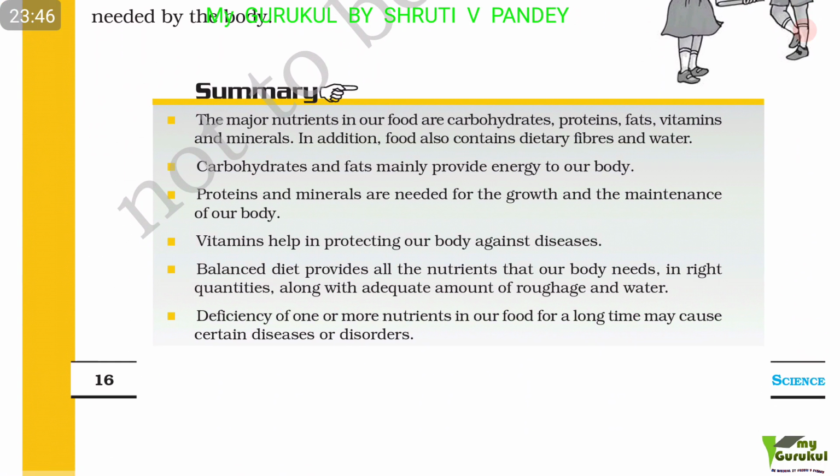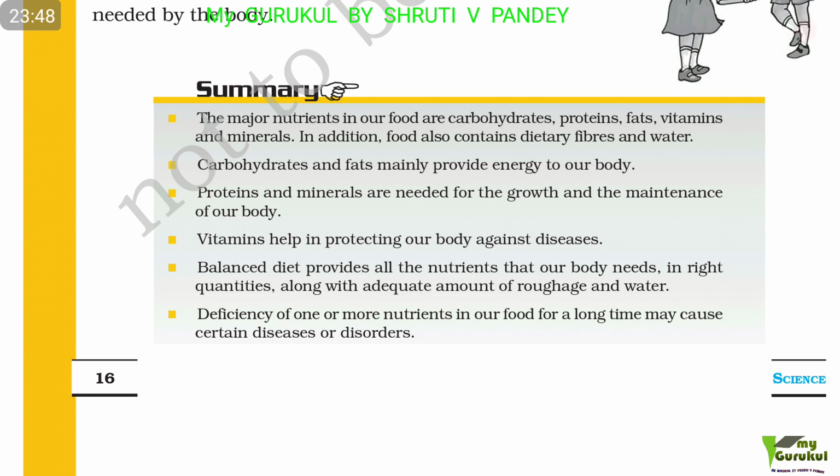So, summary. The major nutrients in our food are carbohydrates, proteins, fats, vitamins and minerals. In addition, food also contains dietary fibers and water. Carbohydrates and fats mainly provide energy to our body. Protein and minerals are needed for the growth and maintenance of our body.